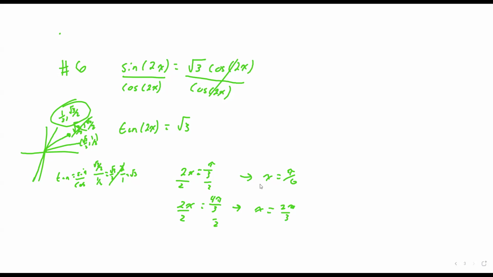Here's the issue, though, when coming up to this type of question. If it was asking for all of the solutions between 0 and 2 pi, this would be the answer. The issue is that since this right here goes from here to here, it is just 1 pi.